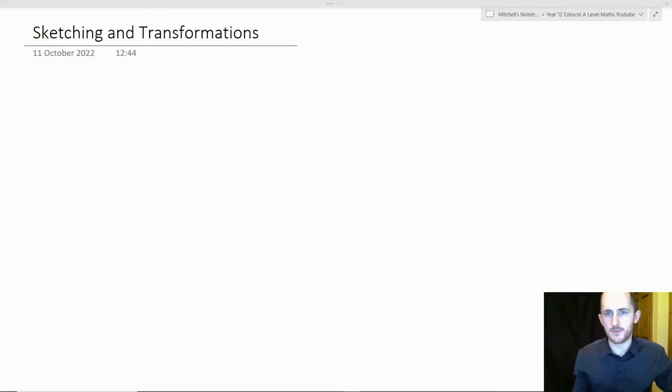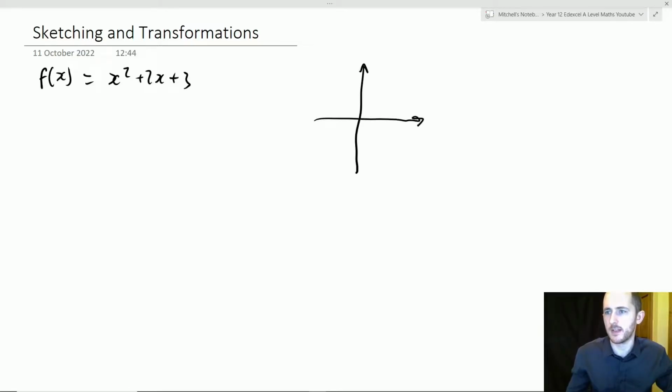So whenever you have transformations, they'll give you an equation. So it might look something like this, right? Or they'll say, apologies for the terrible drawing, that this is the graph of y equals f of x, right? And it'd be whatever kind of shape. And then they'll ask you to transform it. So it'll either look like this or it'll look like this.